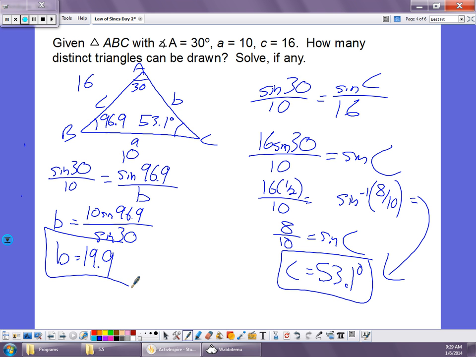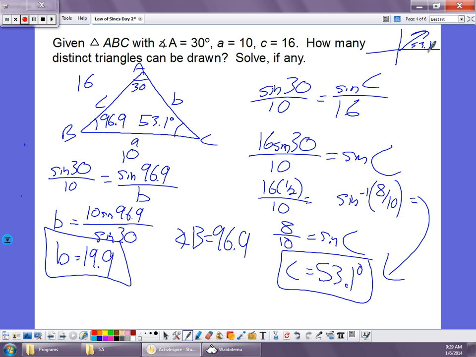All right, so I've solved for all three parts. What am I missing? I didn't write angle B anywhere. 96.9. Okay? So that's one triangle. Now we have to look and see, okay, inverse sine of 8/10 could be here, which was 53.1, right?